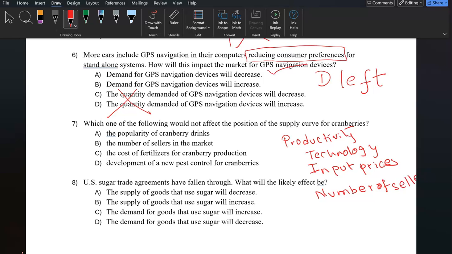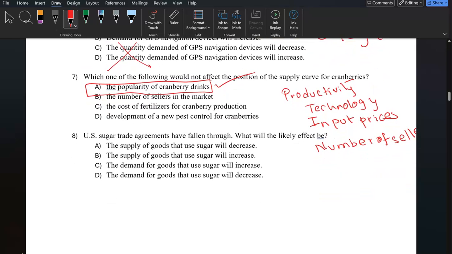All of these are going to shift the supply curve either to the right or to the left. But this one shifts the demand curve only. So this is my answer. The popularity of cranberry drinks, that affects the demand curve and not the supply curve.